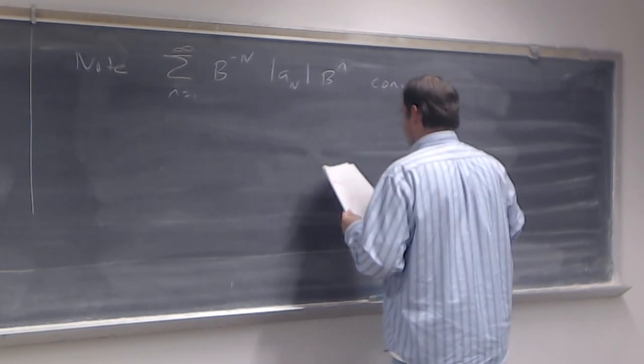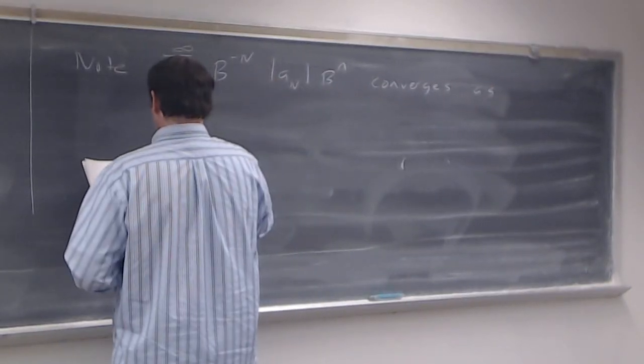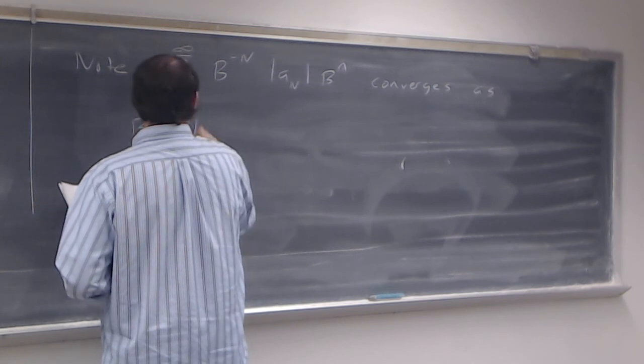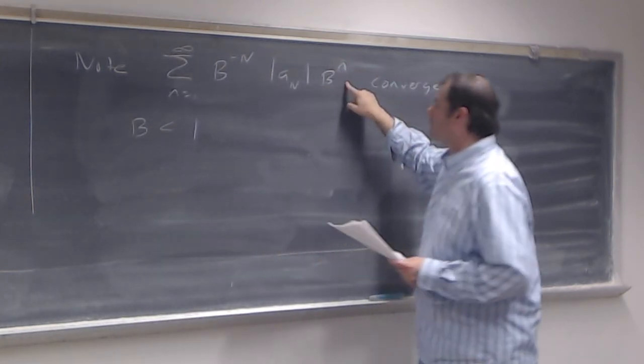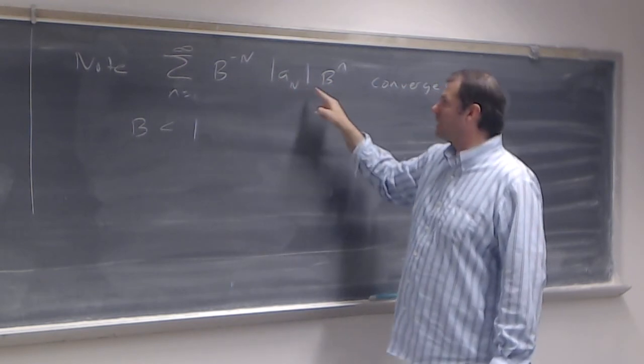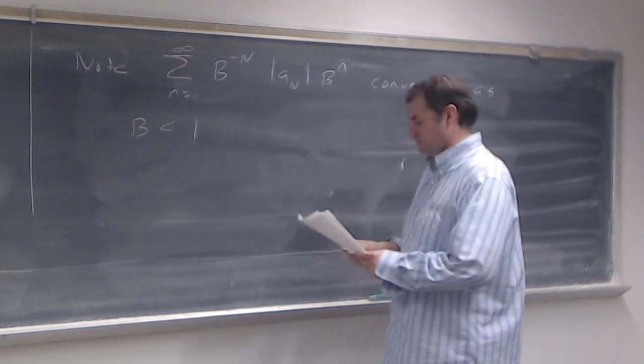And the reason it converges is that b is less than 1. So we're thinking here b to the n. This is a geometric series, where you have this constant times b to the n. Okay?